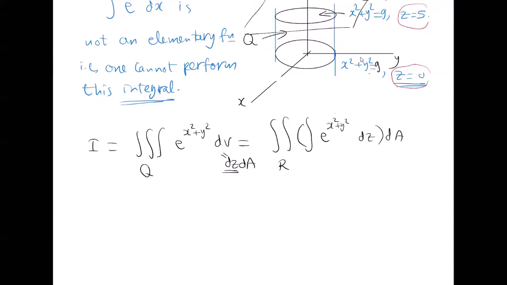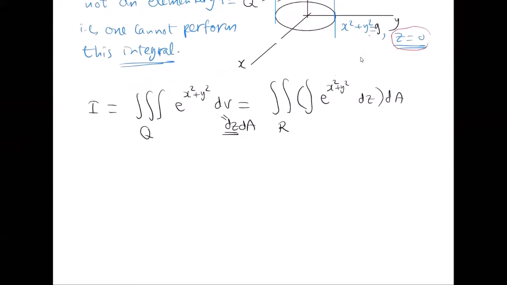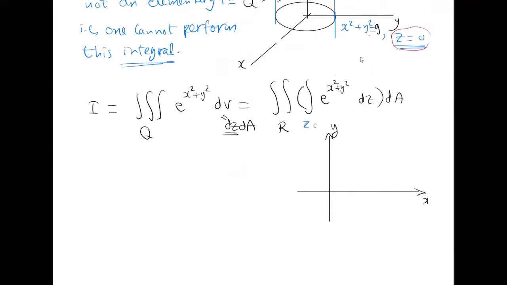The first part is easy because there is no z here. And what is R? As I mentioned, R is the projection of this solid in the xy plane. We are familiar with this now. We integrate for z first, from z equals 0 up to z equals 5.